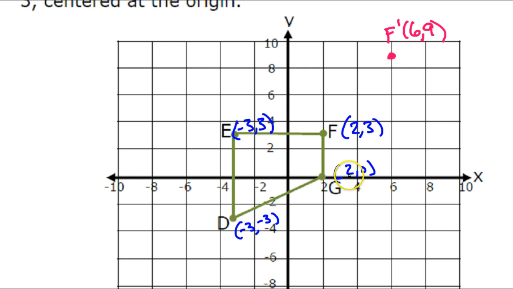If I multiply this by 3, that's 6, 0. So that'll be my G prime. What about this? If I multiply these by 3, that'll be -9, -9. I'm sorry, -9, 9. So that'll be right here. So that'll be E prime.